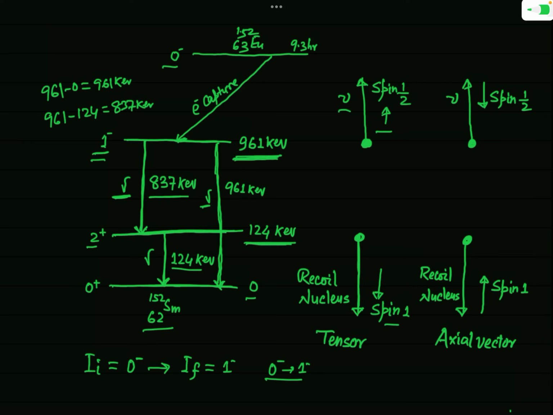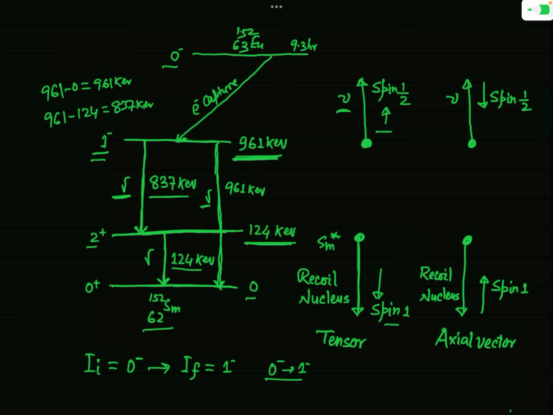So you can say that the spin of the emitted neutrino, this nu, and the spin of the recoil nucleus, which is Sm*, with energy 961 keV, both have spin in opposite directions.